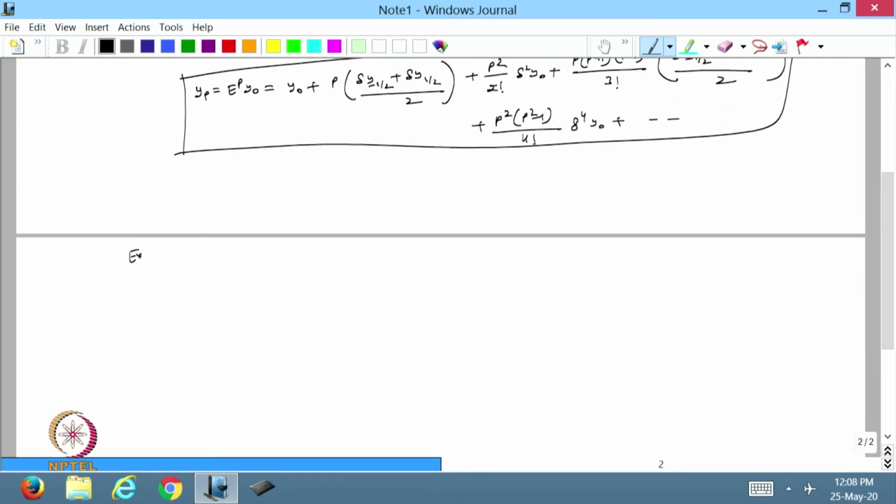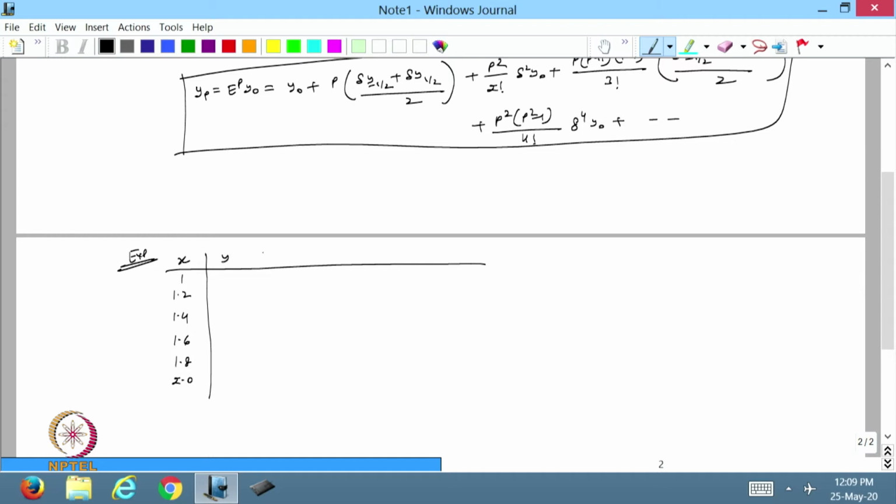Let us do one example and it will be more clear. Suppose the value of x is given to me: 1, 1.2, 1.4, 1.6, 1.8 and 2.0.